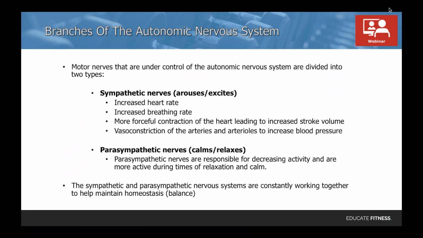Your heart rate will come down, your breathing rate, the amount of blood you're pumping out, your cardiac output, these will all calm down, and also your resting and digesting will be able to take more of a place.